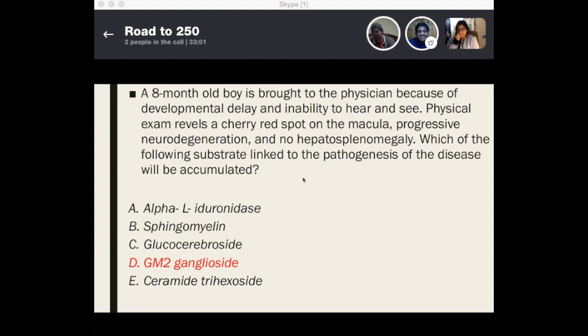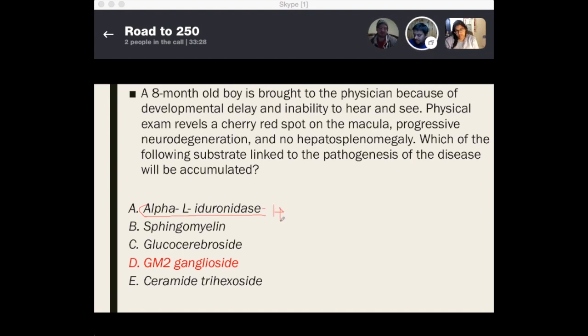Let's go through these real fast. This is not a substrate, by the way. It's not associated with Hunter's and Hurler's? Correct, it's Hurler's enzyme.